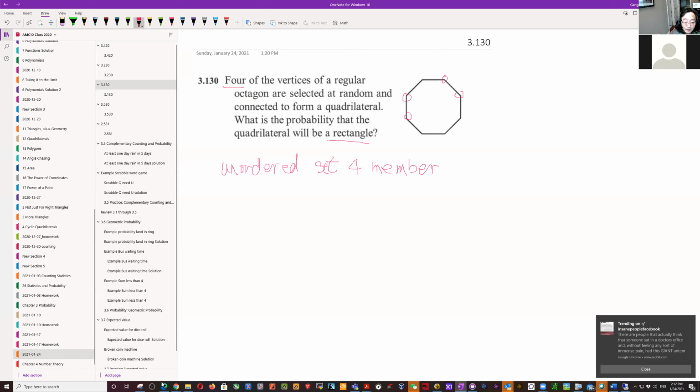Without any restriction, the denominator is going to be 8 choose 4, which is the total count without any restriction.